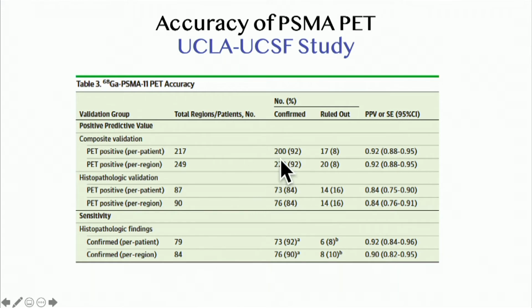And regardless of how we did this validation, you can see that the positive predictive values were quite high, between 84 and 92%. If you look at the sensitivity by confirmation at the time of surgery, these are generally lymph node dissections on a per patient or per region basis. Also, you get fairly high sensitivities for detection of recurrence based on pathologic confirmation. So certainly, this is a very good tracer.